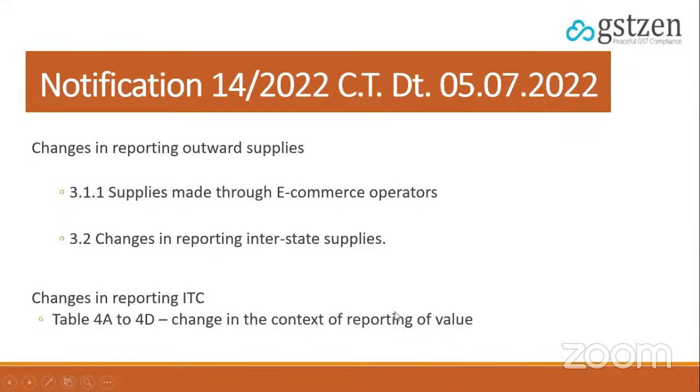I'm talking about all the information that is in 3B. Then there is table 4 in which the ITC details are provided. After that, you have table 5 wherein you provide details of exempt, nil and non-GST inward supplies. In table 6.1, details of payment of tax, interest and late fees are given. And in table 6.2, details of TDS or TCS.